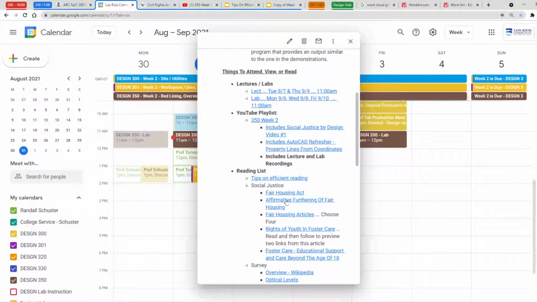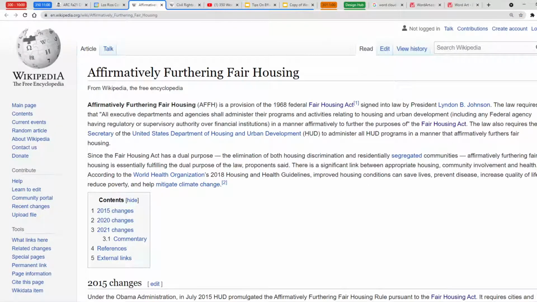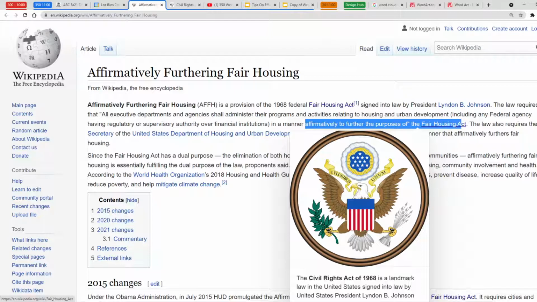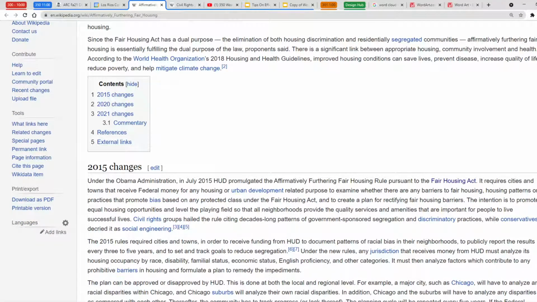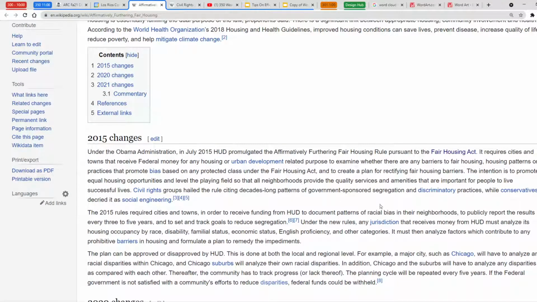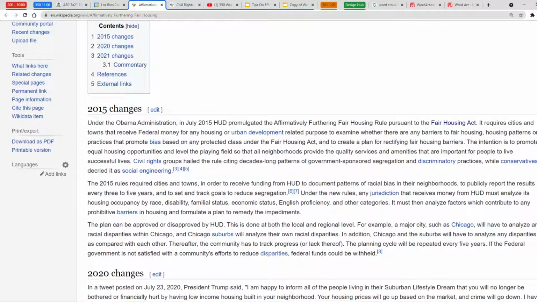When you go through the readings, you want to find those things that are really, really important. Oh my gosh. The federal government must affirmatively further the purposes of the Fair Housing Act. That's kind of interesting. There's some other interesting one right here.